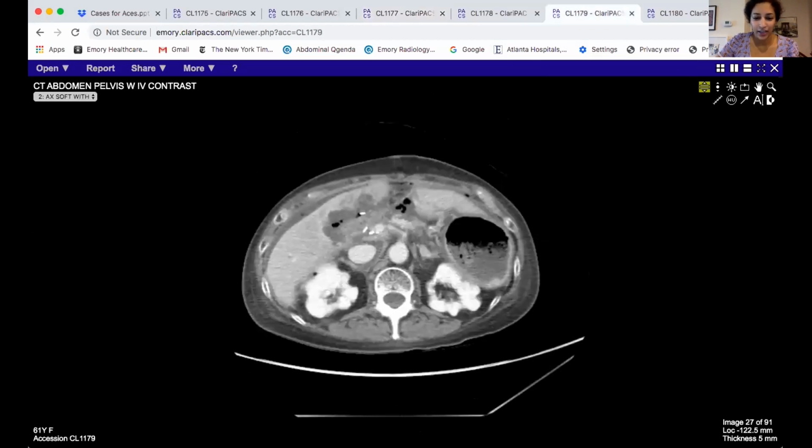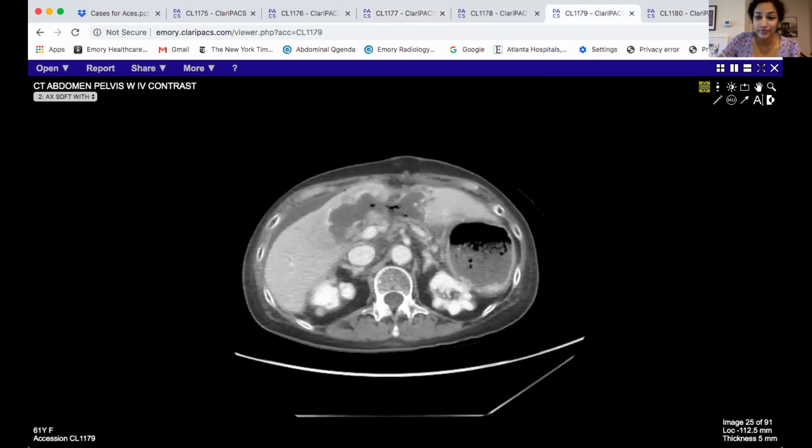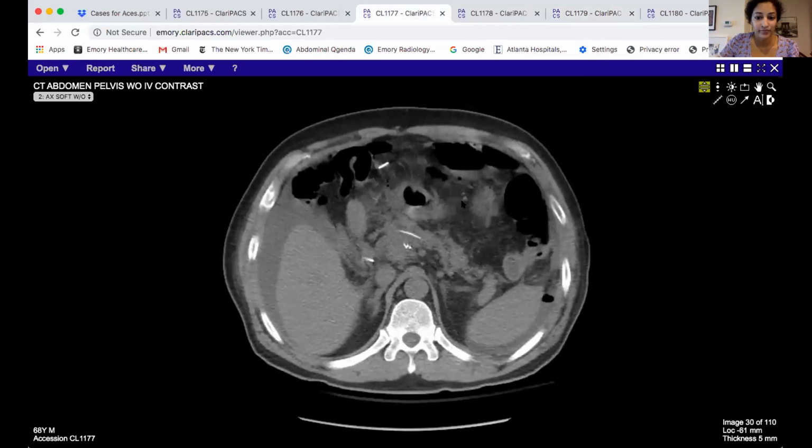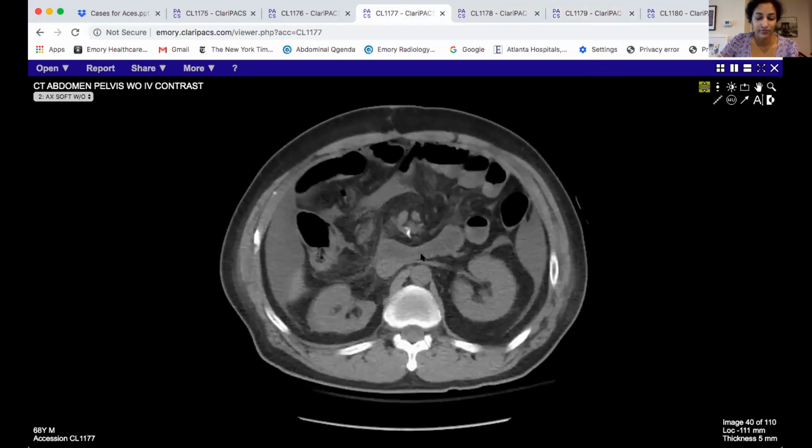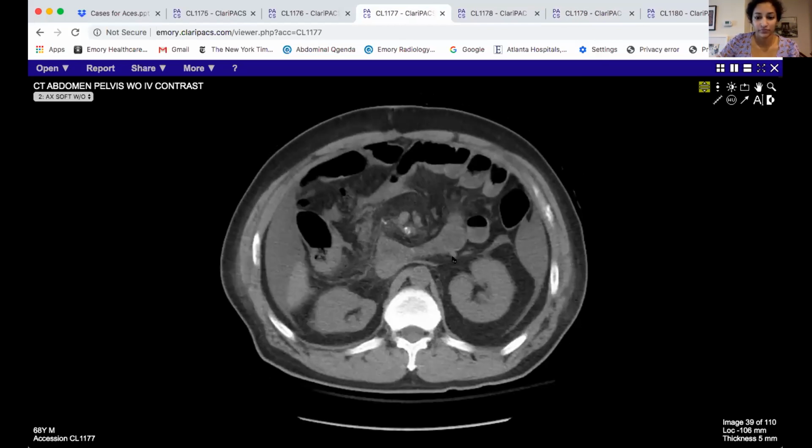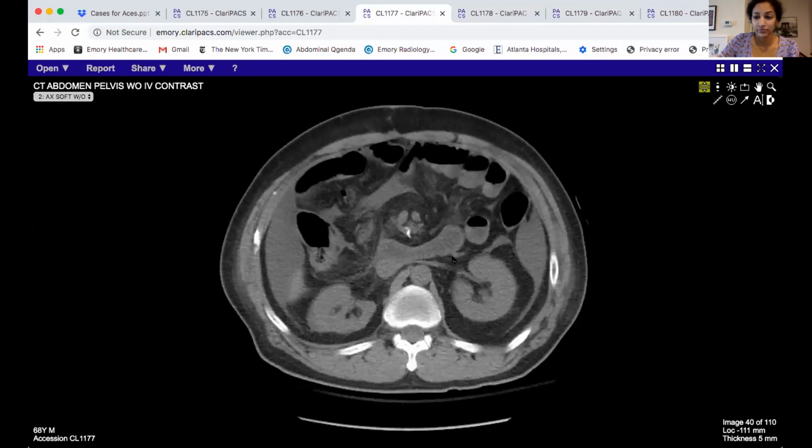Okay, I just have a question about that, because I have seen Petersen's hernias, internal hernias, through that space. In essence, it is a Petersen space that's widened if it's not filled. So you mean when the bowel's not in it? Yes. So you could have internal hernias, not transmesocolic, but through the Petersen space.